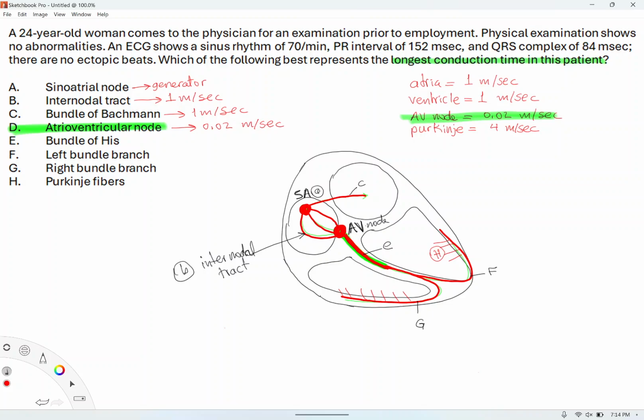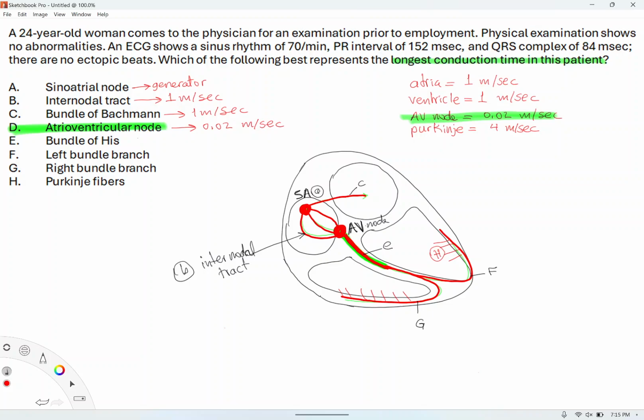Why? It gives time for the atria to contract first and the ventricles to fill up with blood, and then the ventricles to contract. Because if the atria and the ventricles contract at the same time, blood is going nowhere. So the whole idea is for diastole to finish and then systole to occur. I should say ventricular diastole occurs first and then ventricular systole.